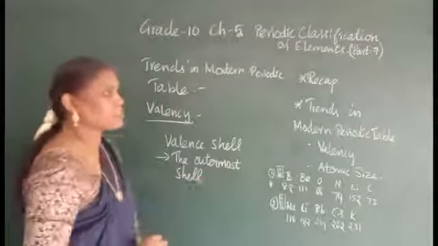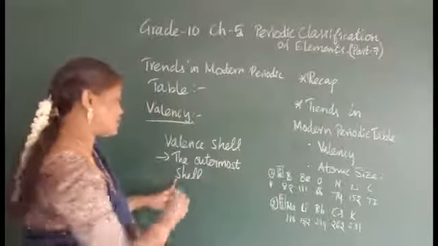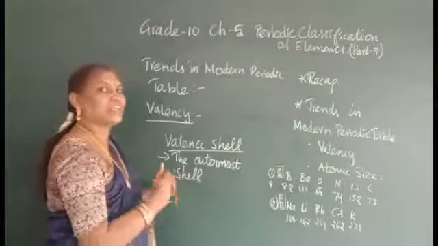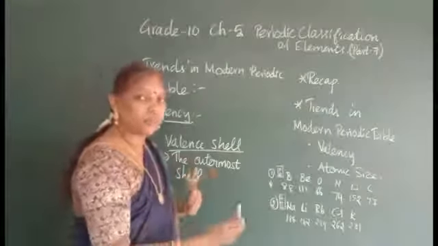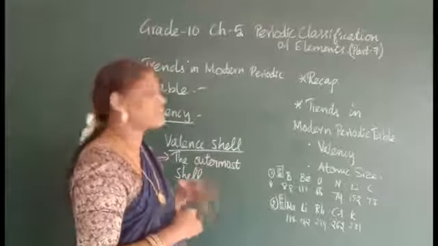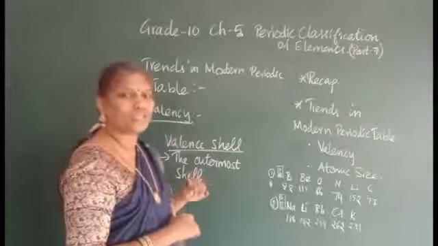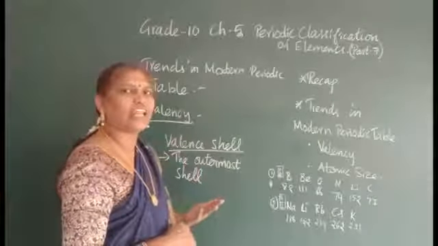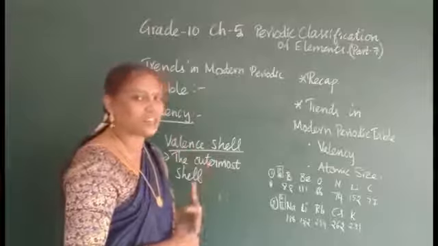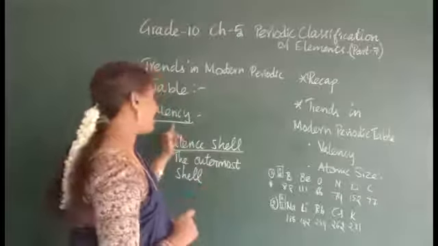The outermost shell is called the valence shell, and it has some electrons. The tendency of those electrons to lose, gain or share is called valency. According to how many electrons it gives, gains or shares, the valency will be.